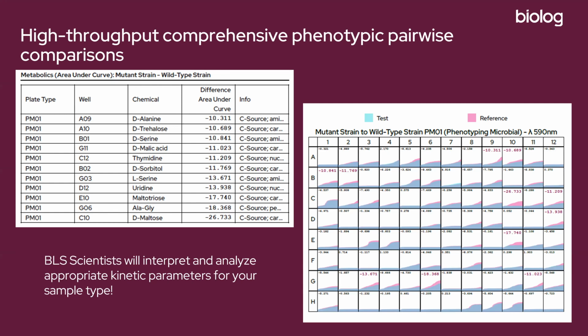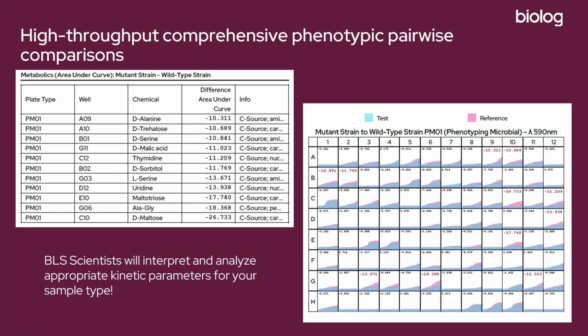Of course, we can provide pairwise comparisons. So if you're interested in comparing, say, a reference wild-type strain and a test mutant strain, you can select any of the aforementioned parameters to quantify and compare the data between your 2 strains. Not only will we provide graphical overlays between each of your samples, but we will also provide a full list of substrates or inhibitors that signify a significant phenotypic difference between the 2 organisms of interest.